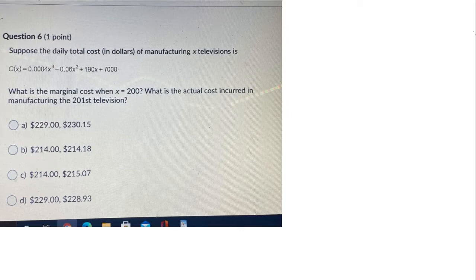So we're given the cost function, C of x, and we want to find the marginal cost when x is 200 first. So the marginal cost is another way of saying find the derivative of the cost function, which would just be 0.0012x squared minus 0.12x plus 190.